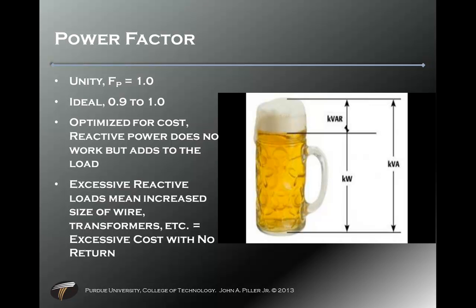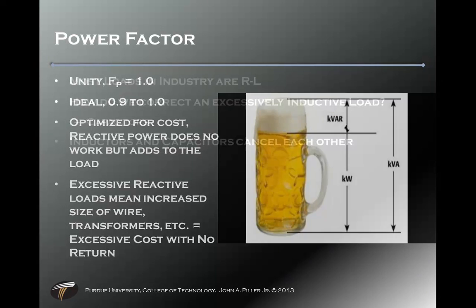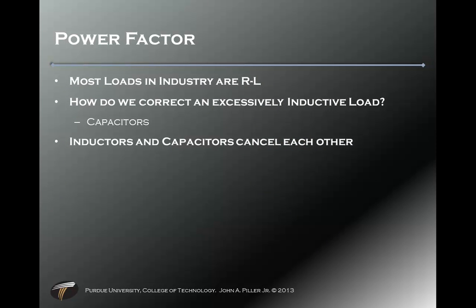So, how do we do that? Well, I said that inductive loads have a positive angle. That means our power triangle goes up. A capacitive load has a negative angle. That means it swings toward a negative vector. Most industry has resistive and inductive loads. A motor, a transformer, these things are inductive.